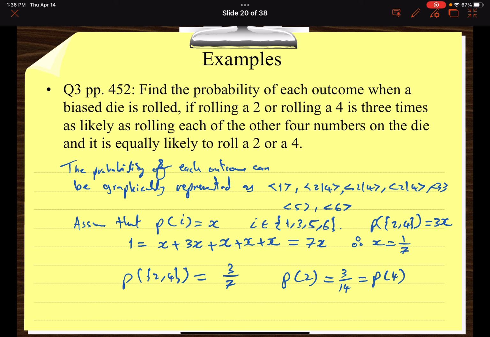And the probability of I is equal to 1 over 7 for I in 1, 3, 5, 6. So this is, in my opinion, the right way to solve this question, following exactly the same steps that we did in the previous question.